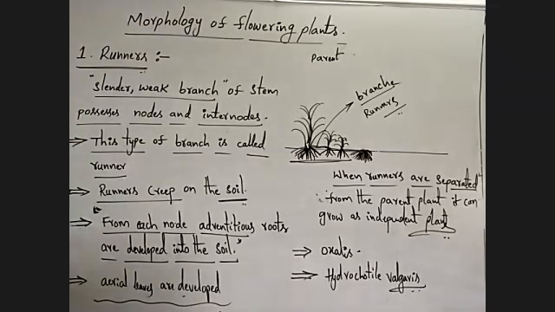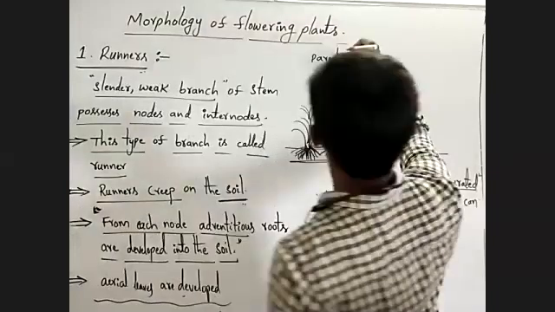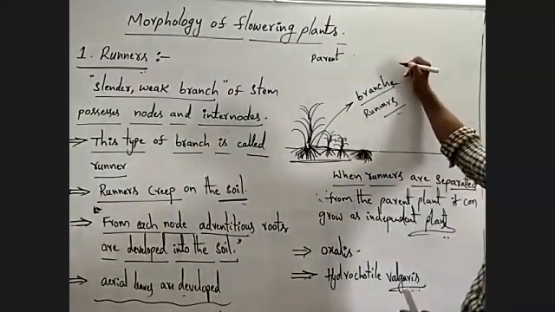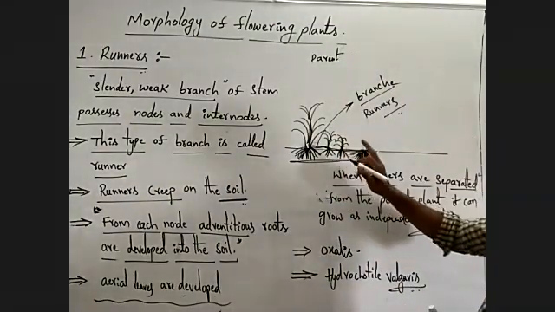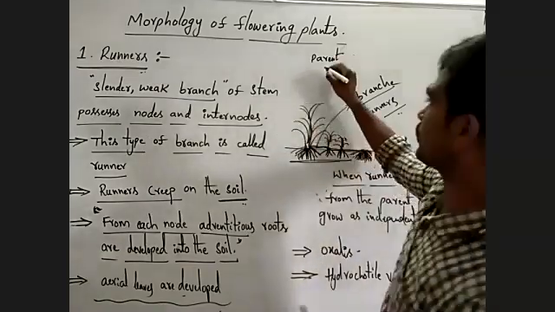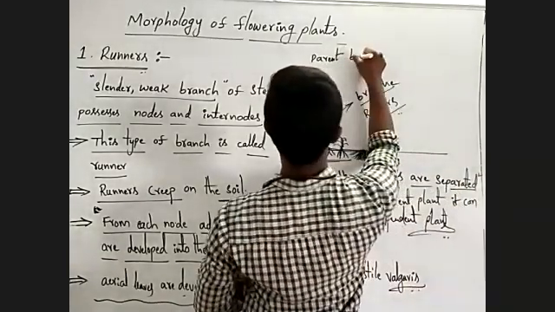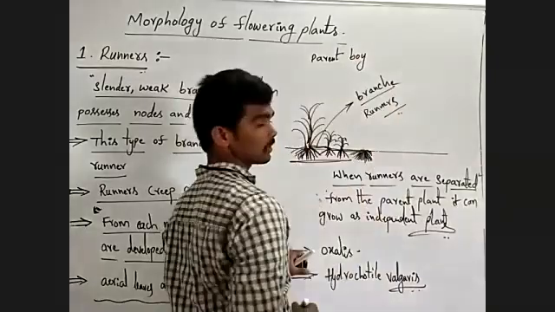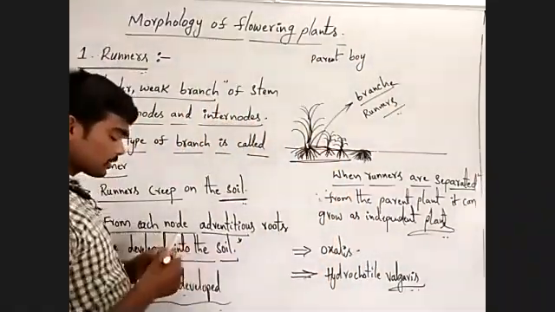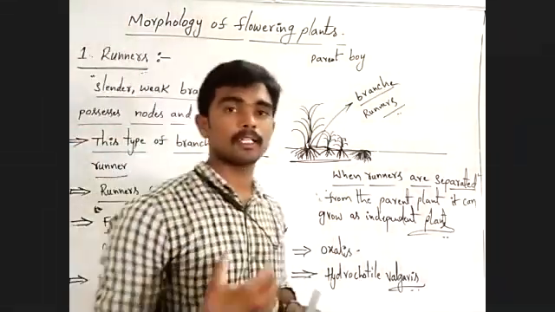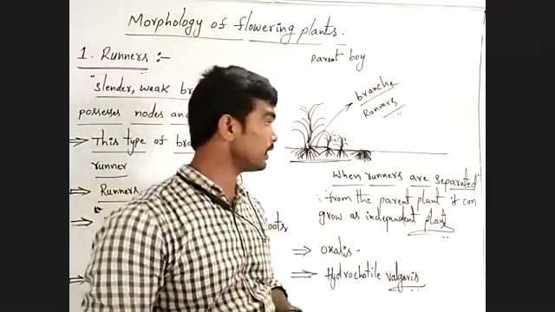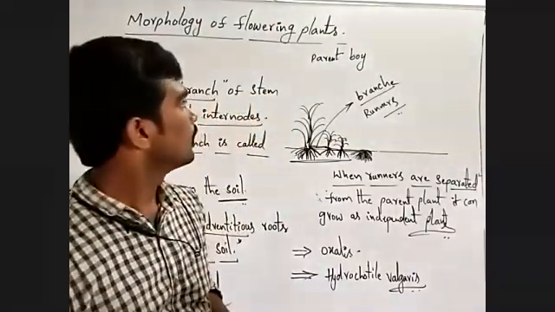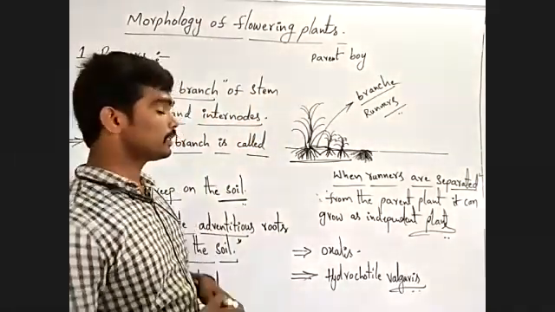observe, whenever these small plantlets are separated from the parent body, those separated small plantlets can grow independently.